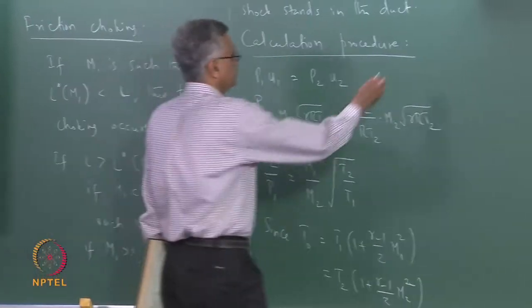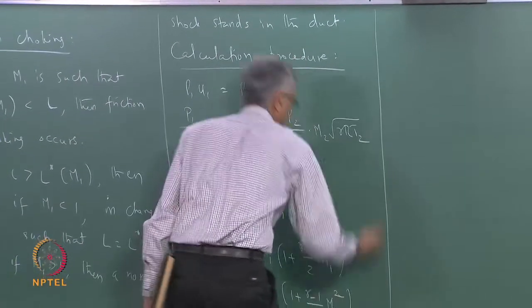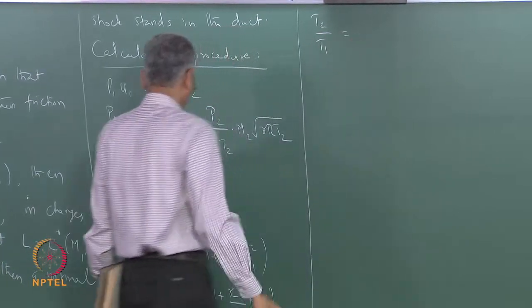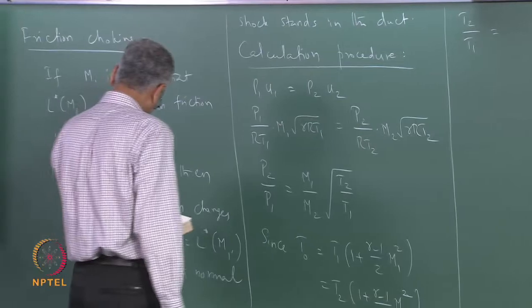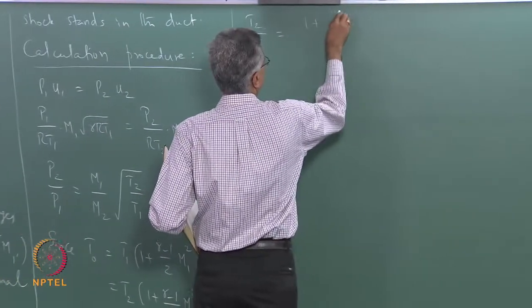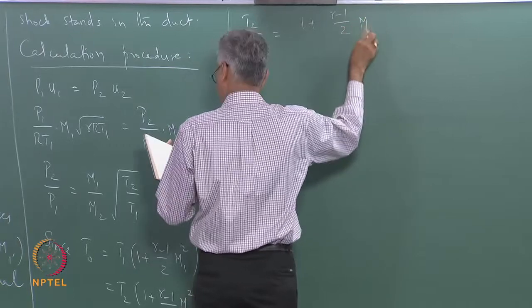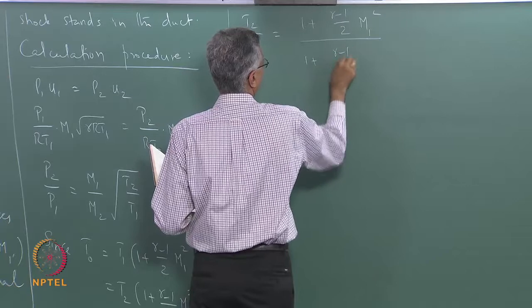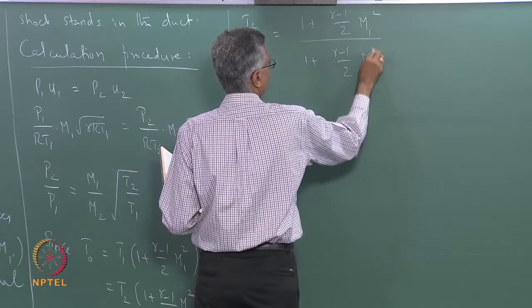So, I can write T2 over T1 as follows: T2 over T1 is equal to 1 plus gamma minus 1 over 2 times M1 square divided by 1 plus gamma minus 1 over 2 times M2 square.